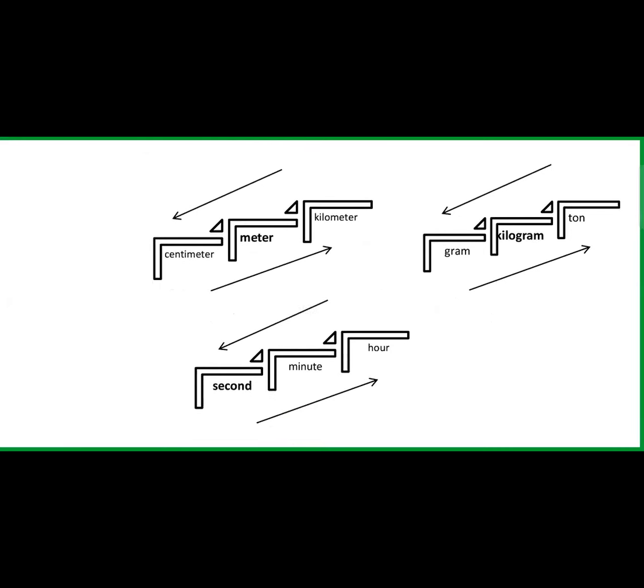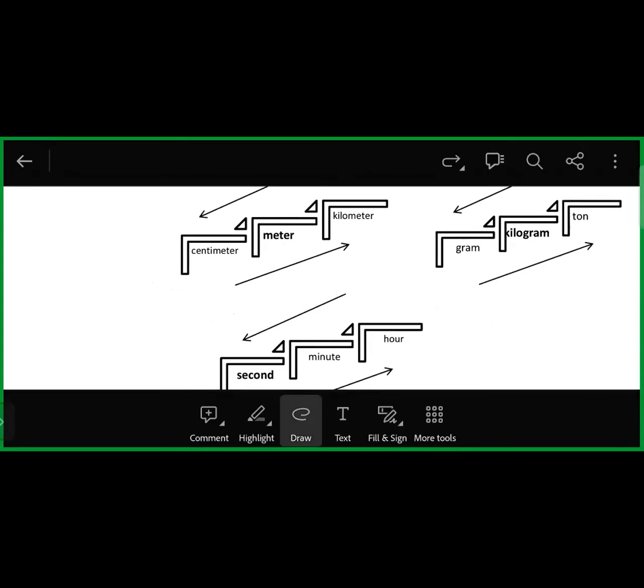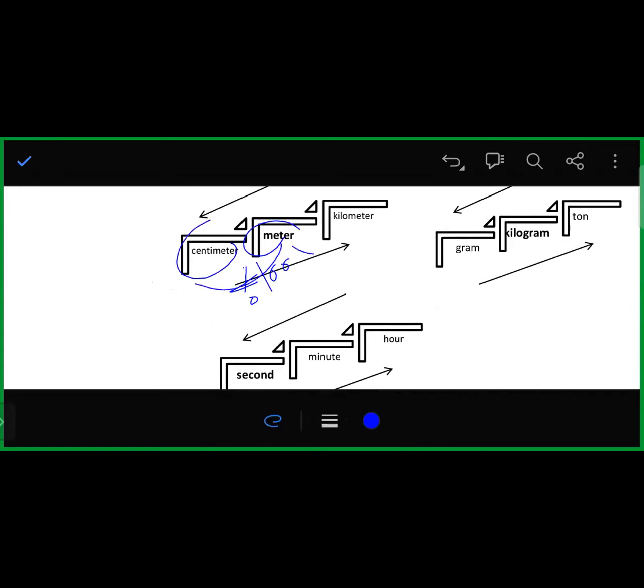There are some transformations between units. From centimeter to meter, divide by 100. From meter to kilometer, divide by 1000. We can do it by times 10 to the power of negative 2 or times 10 to the power of negative 3.